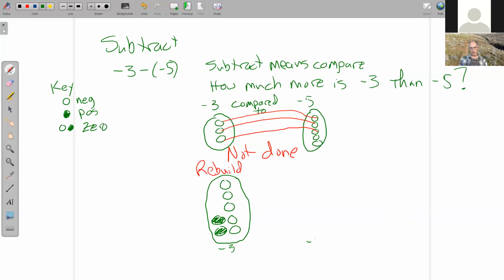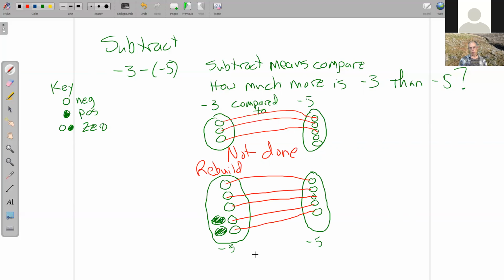The -5 can stay as it was because it had plenty to compare to. And then continue. So I had those compared and those compared, and now I'll just continue, and now I'm done comparing with the original set and the other one, and I have 2 left over. So -3 would be 2 more than -5.